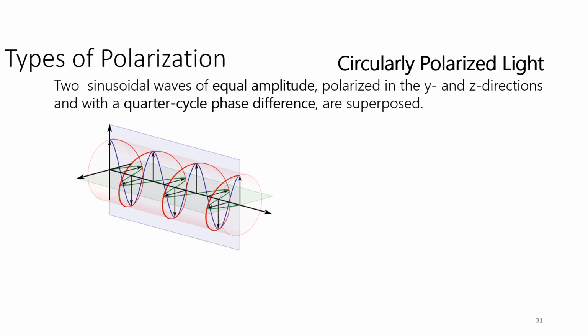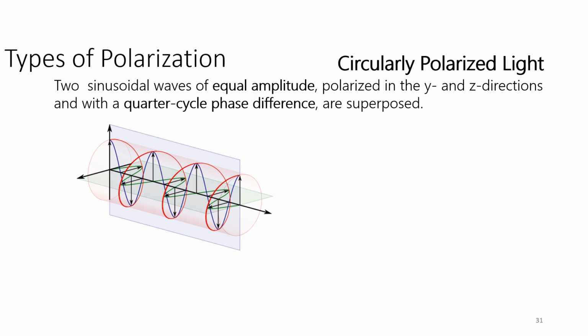And to end the lecture, so far we've only considered linearly polarized light. The last few slides will breeze through how else light may be polarized. We can produce a circularly polarized light beam if we add two sine waves of equal amplitude that are polarized in the y and z directions, if the electromagnetic waves propagate in x.